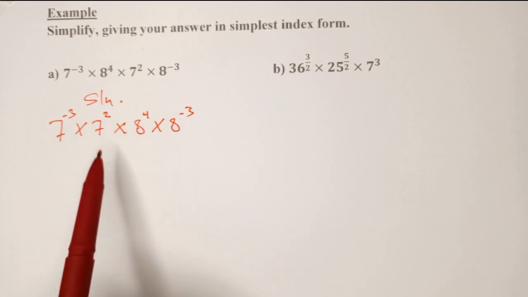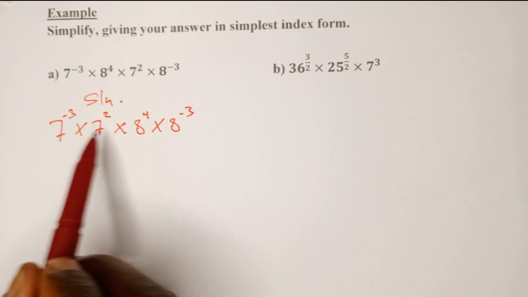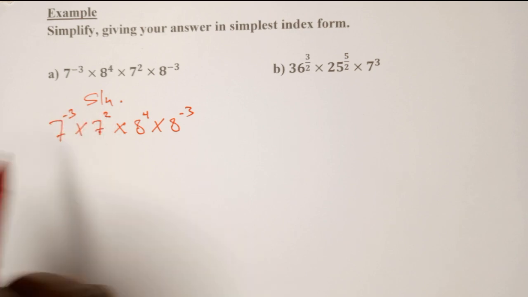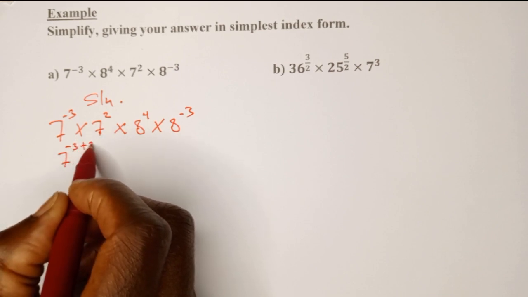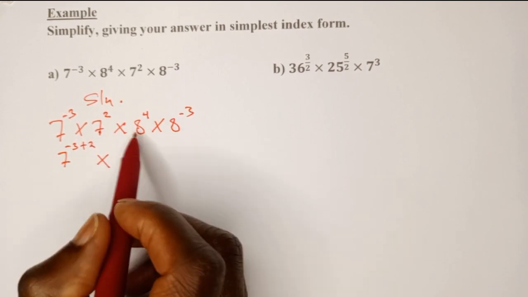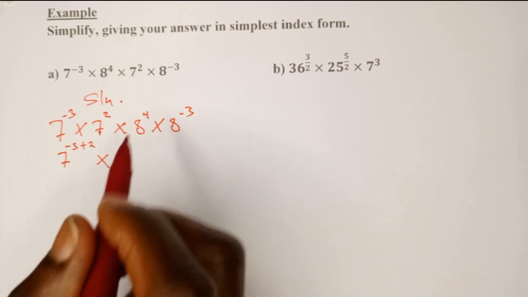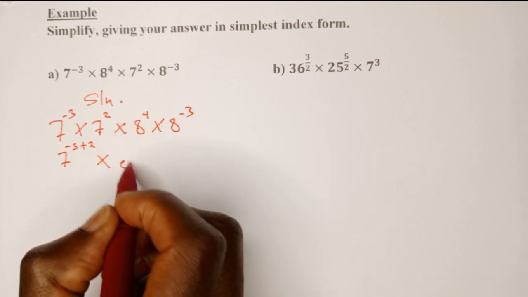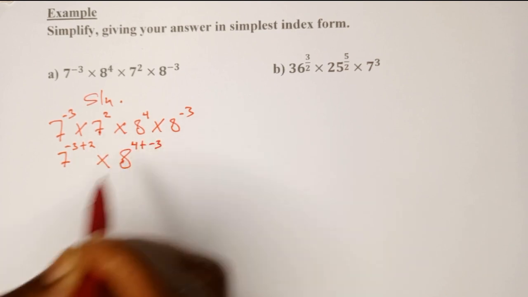According to our multiplication law, when the bases are the same, we just add the powers. So this will be 7 raised to negative 3 plus 2, then times, again these ones, their bases are the same and the sign between them is multiplication, we add the powers. This will be 8 raised to 4 plus negative 3.